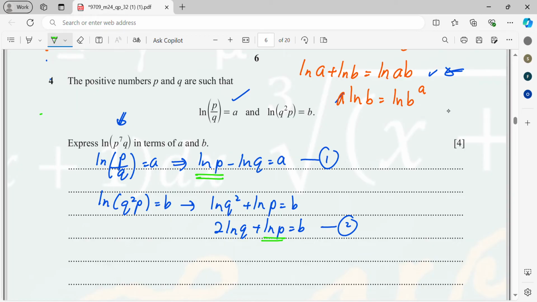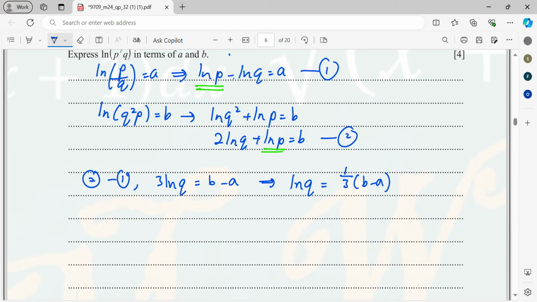So I will use second equation minus first equation, because both have positive ln p. Second minus first: 2 ln q minus ln q, that is 3 ln q. Then right hand side, it will be b minus a. Then from here, I'm getting my ln q as 1/3 times (b minus a).